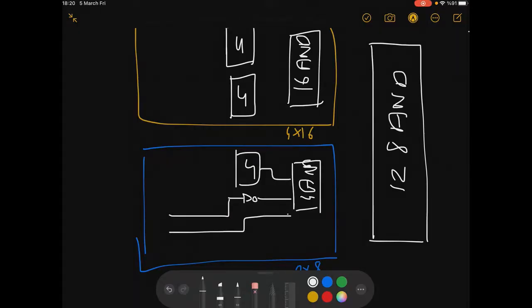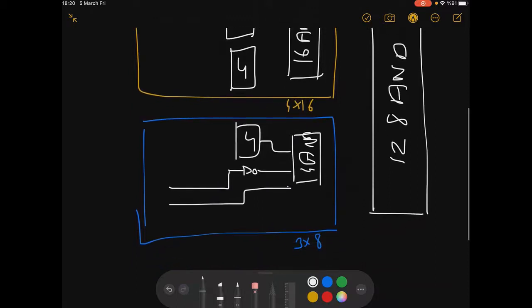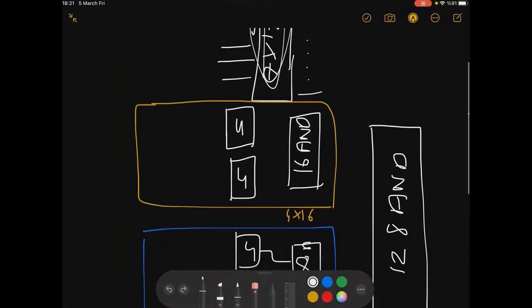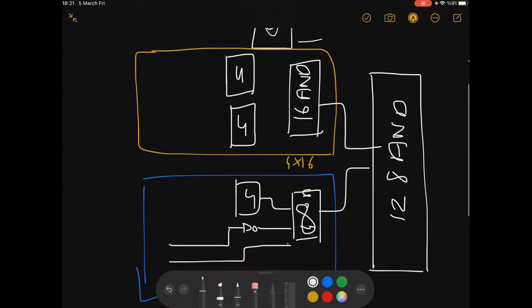Then these ones will be coming here and they will be multiplied with each other, having you 8 AND gates. Okay, this is not 4, I'm sorry, this is 8, of course. These will be combined together here in this structure.